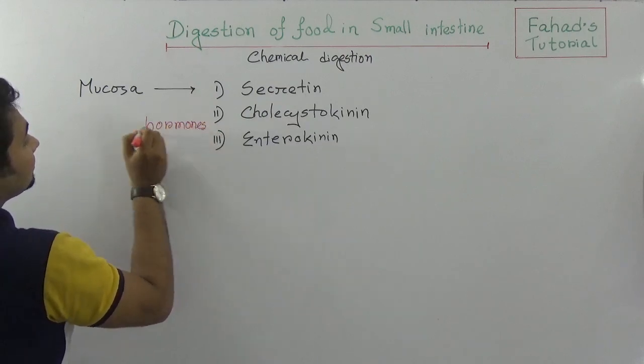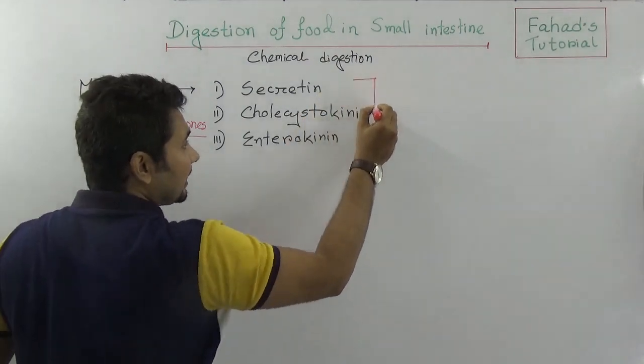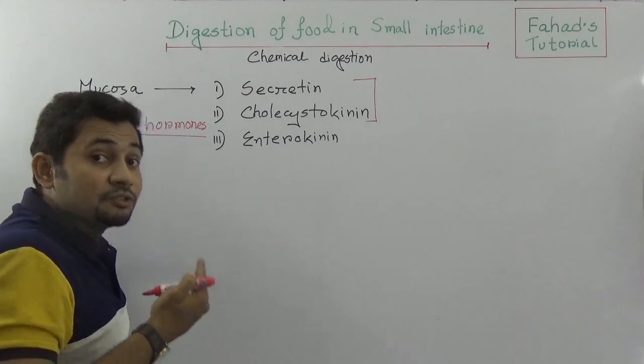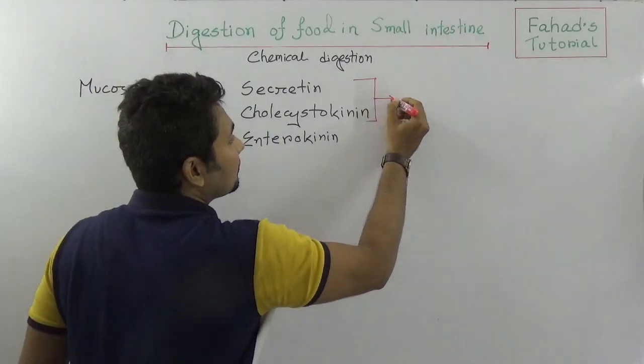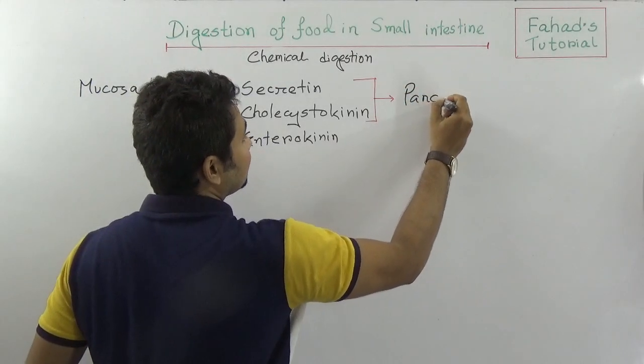And what is the activity of these hormones? Firstly, secretin and cholecystokinin activate the pancreas to secrete pancreatic juice. This is very important.